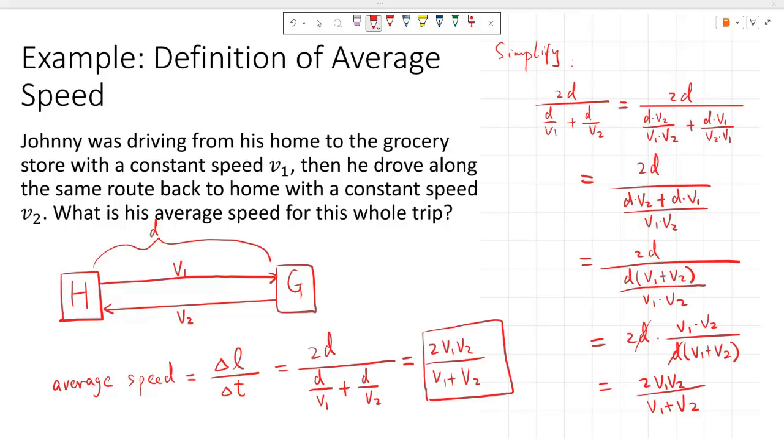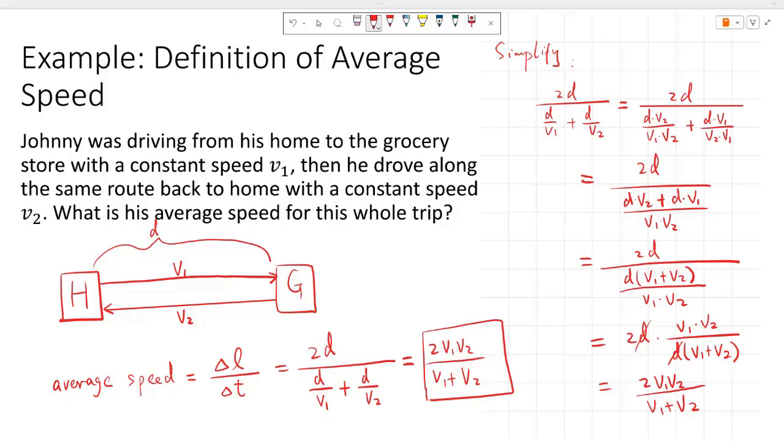Okay, so it looks like we're done. Well, yes, for the math part. But that's definitely not the whole point of the problem. Let's make some sense of this answer, because it just looks odd, right? Think about it. If you have two different speeds, v1 and v2, and you were to average them, what do you think the average speed would be?